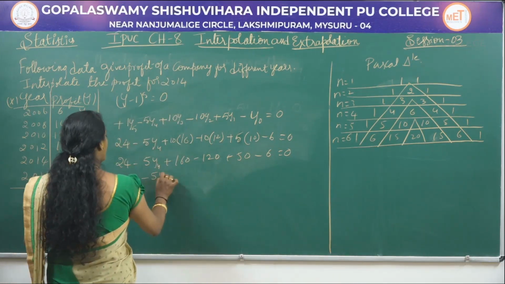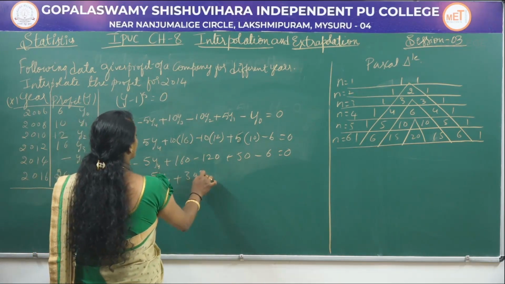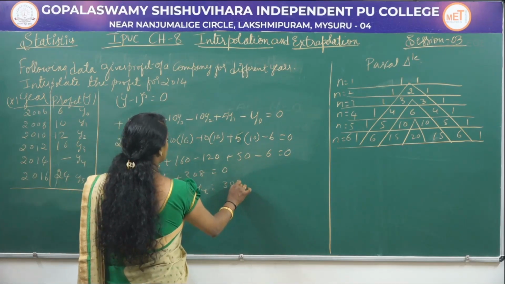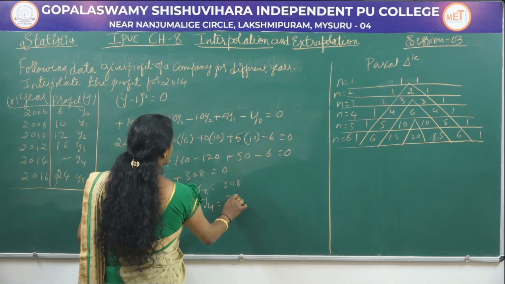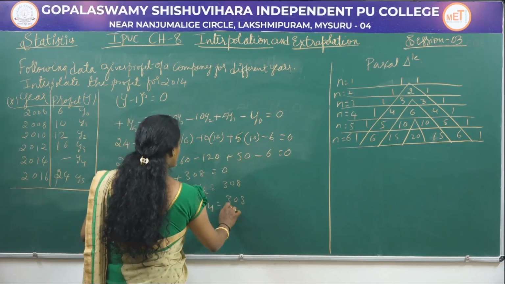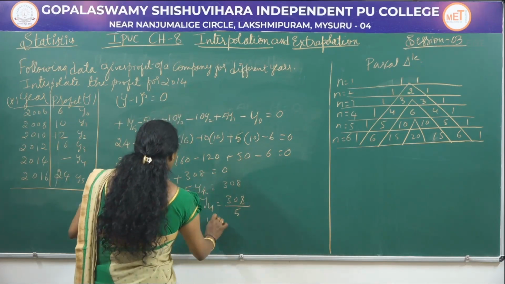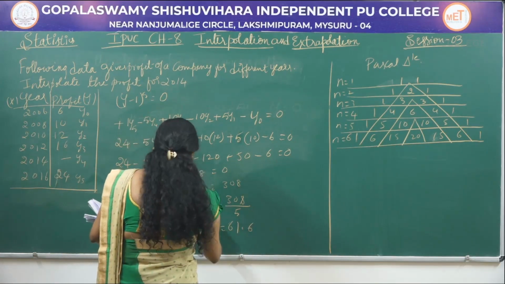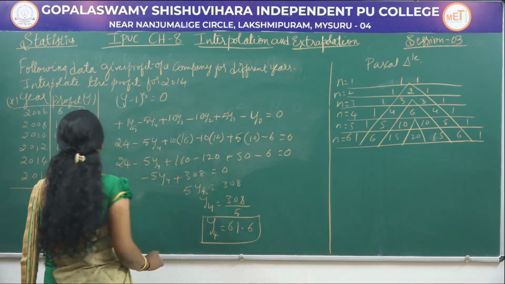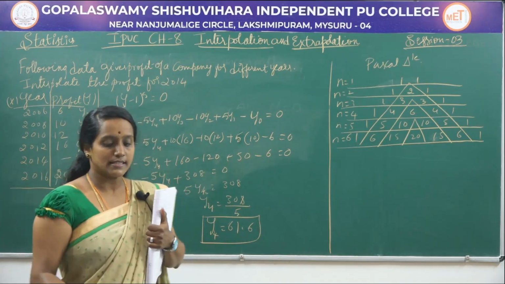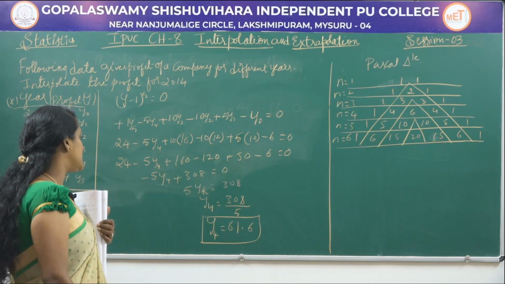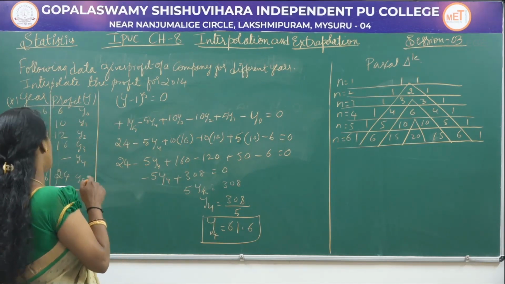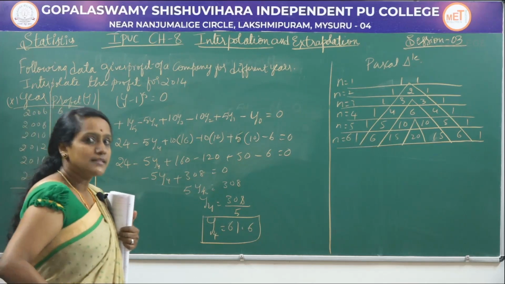So minus 5y4 plus 308 is equal to 0. 5y4 is equal to 308. y4 is equal to 308 divided by 5. So y4 is equal to 61.6. This is how we have calculated. So the missing value for 2014, the profit, is 61.6.